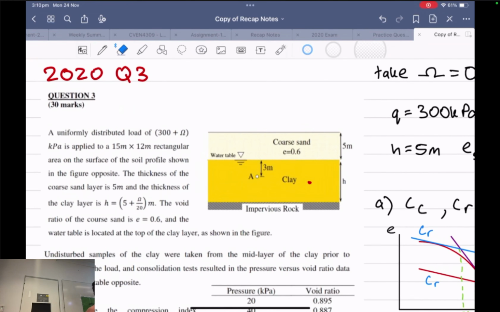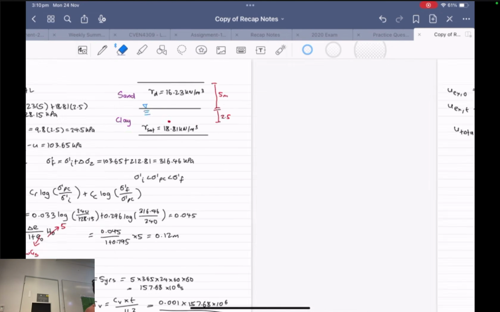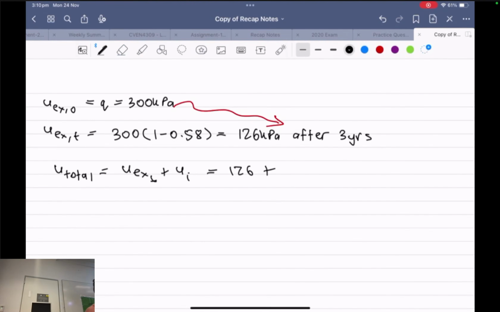Exactly, yeah, so 9.8, the unit weight of water, times the depth that you're interested in, so 9.8 times 3. That's equal to 155.4 kilopascals. That's your total pore water pressure. And that's that question done.